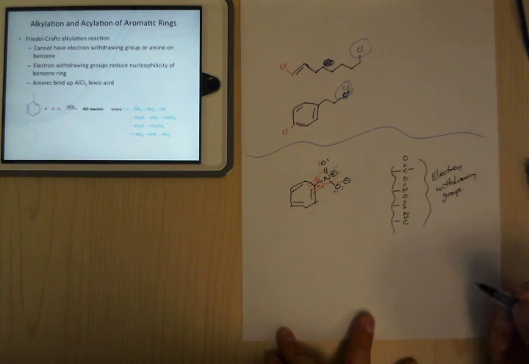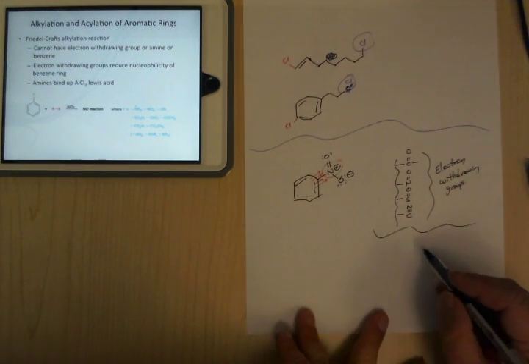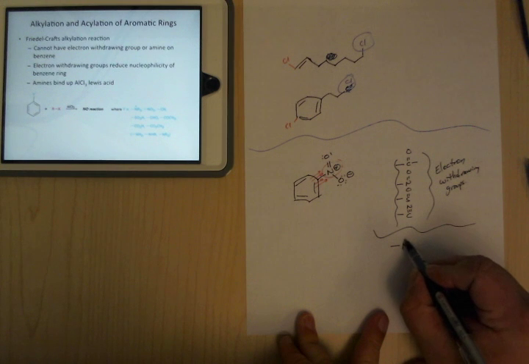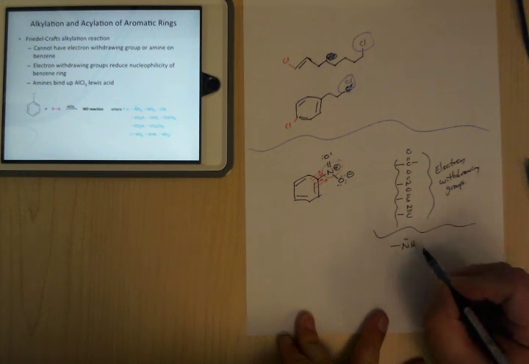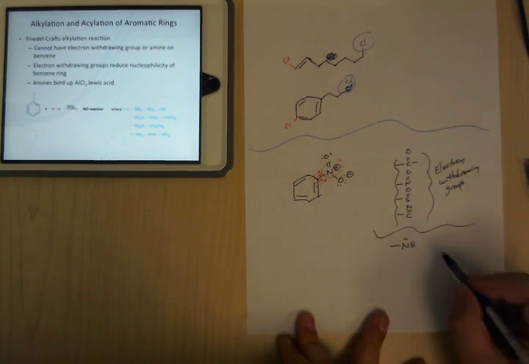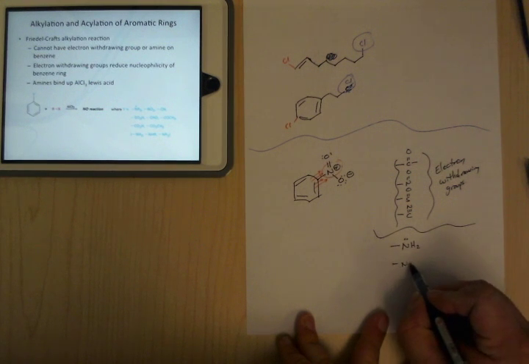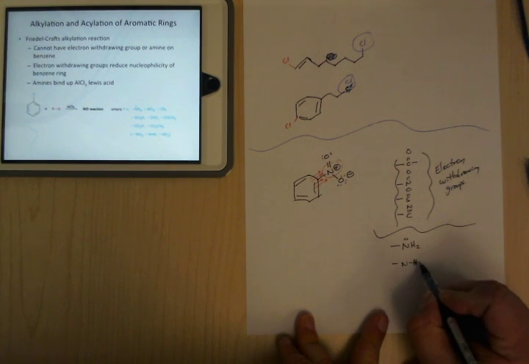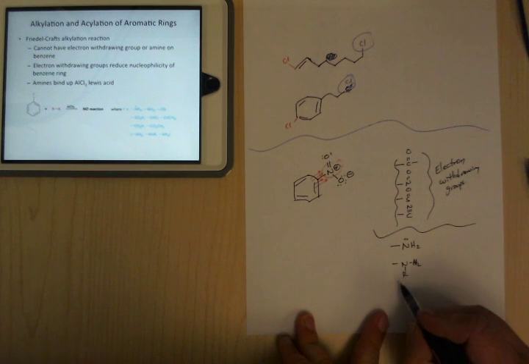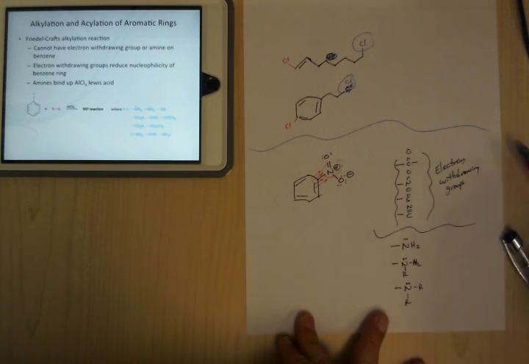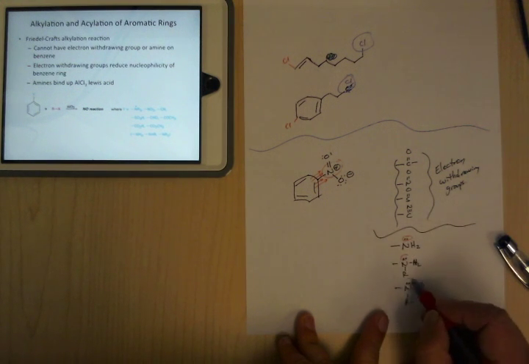Okay. Now, on a side note, if you have some sort of amine, primary, secondary, or tertiary, where you have these lone pairs right there, this doesn't work either.